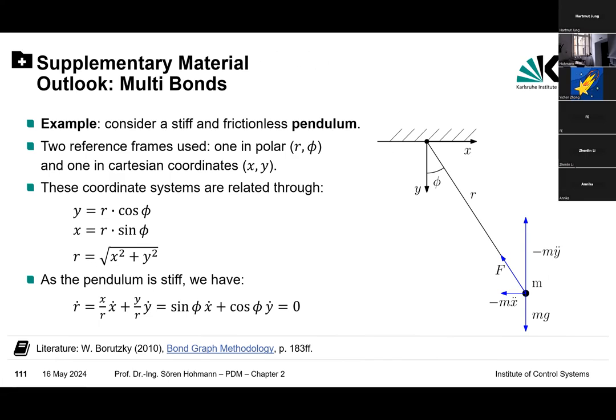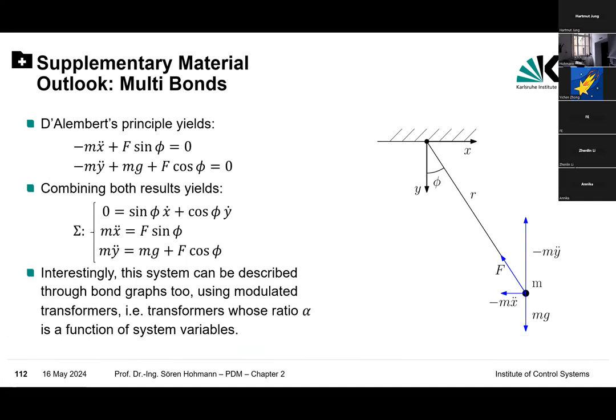Or I make them dependent because the one direction influences the result of the other. Then we speak about so-called multi-bonds, where we have two bond graphs which are somehow connected or can be regarded separately. This is always important if you have such objects where some of their variables have to be treated independently or more or less independently, and dependence can be treated by means of so-called modulated transformers.